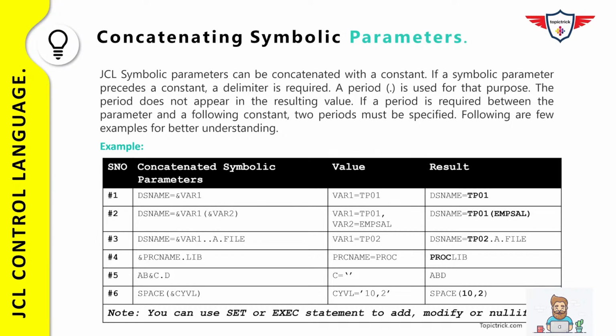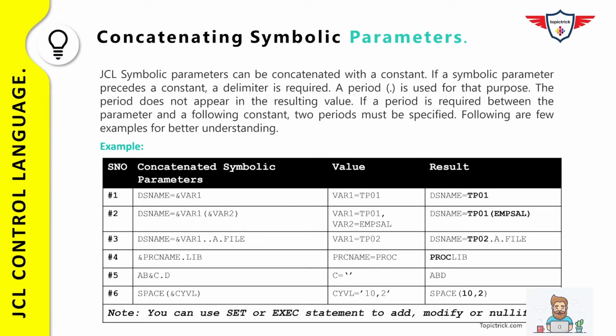In the second example, you have DSN followed by two symbolic parameters, VAR1 and VAR2, where VAR2 is specified in simple brackets, and I've assigned the values TP01 and EMPSAL. So the output is DSN equals TP01 and in brackets EMPSAL. In case you want to specify a member name, this is how you can concatenate two different symbolic parameters along with special characters to specify the PDS and its member name.